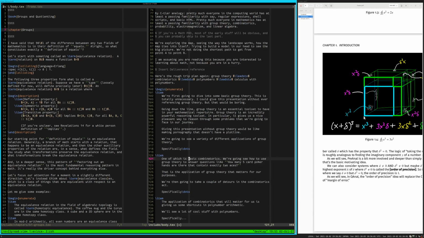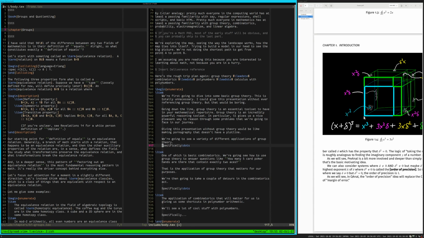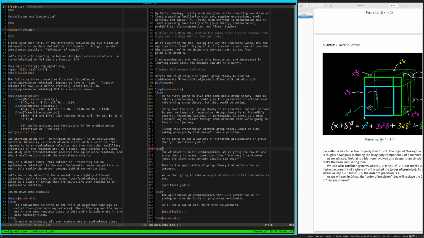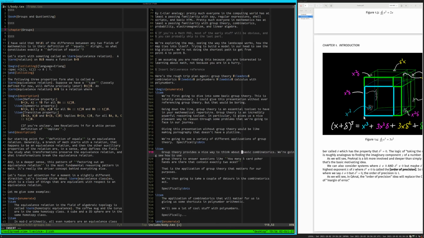We're going to see a variety of different applications of group theory. Specifically, group theory provides a nice way to think about things.